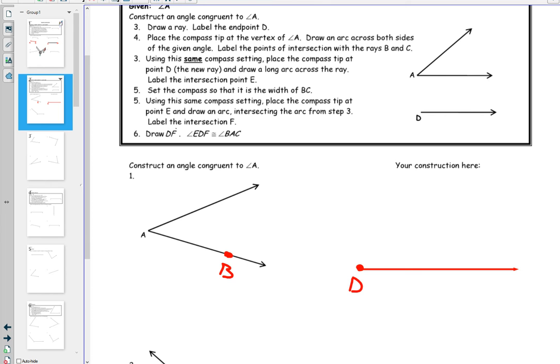Okay, so now here comes the compass. Get the compass and measure the distance between that point A and the B that you just put there.